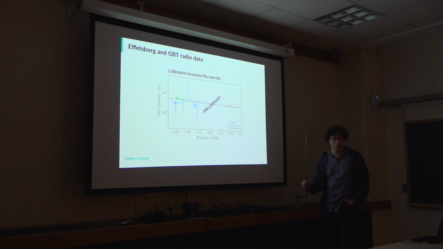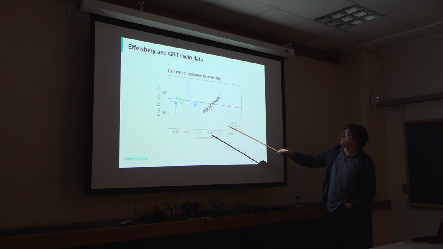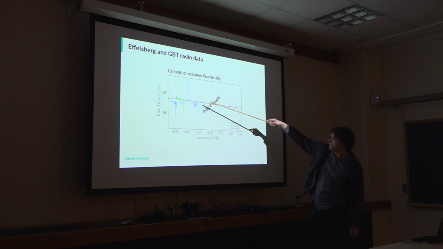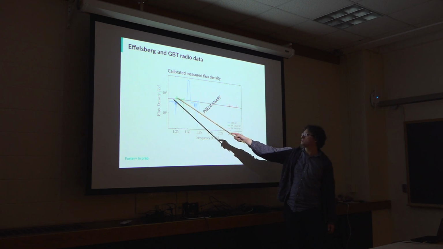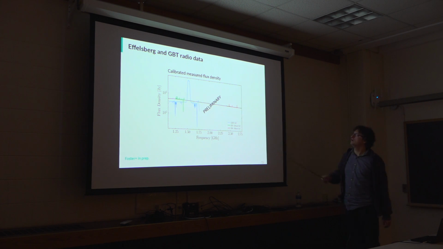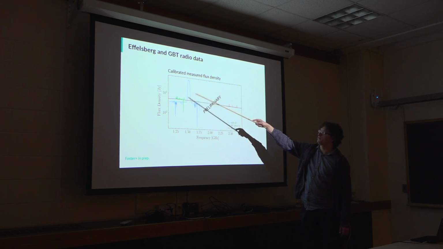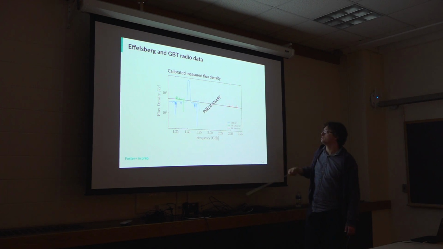I can't talk through all the details, but I will show you the intermediate products. These are calibrated fluxes that we obtained for Effelsberg, in these two relatively small frequency ranges. And then for GBT, this is on minus off calibrated, with lots of RFI in this region.